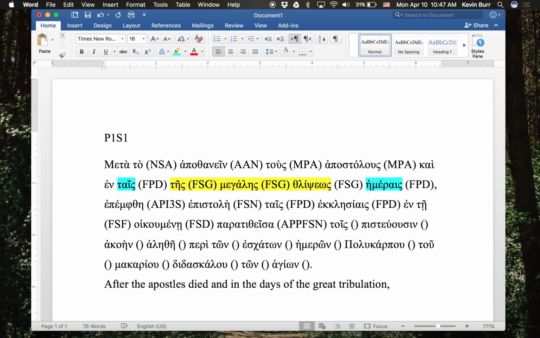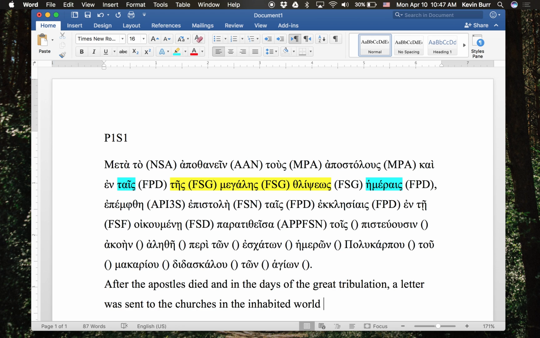So what we have so far: epemphthe epistole tais ekklesiais en te oikoumene parathetheisa. A letter was sent to the churches in the inhabited world.